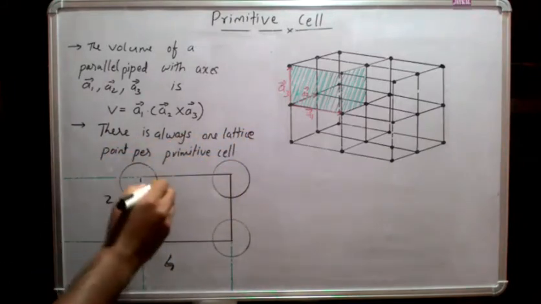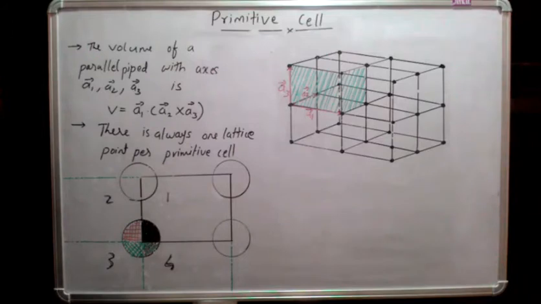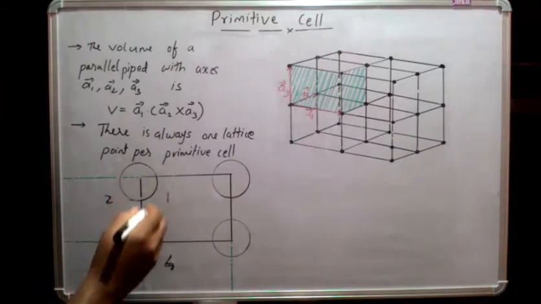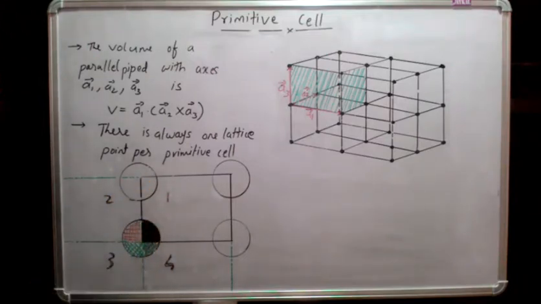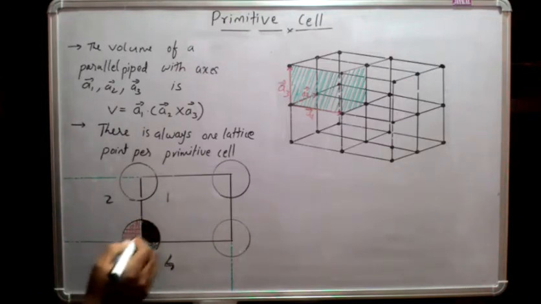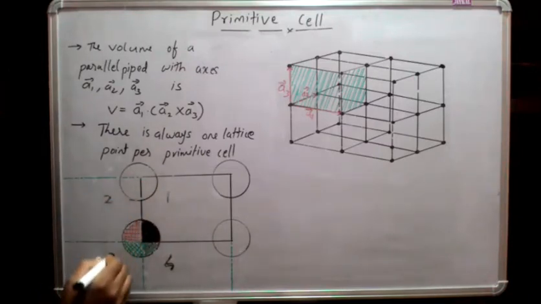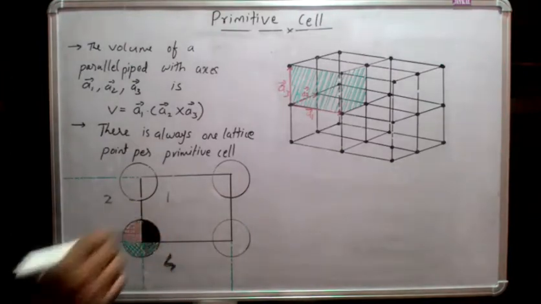Let me consider a parallelogram as a primitive cell, and each lattice point is shared among 4 primitive cells.